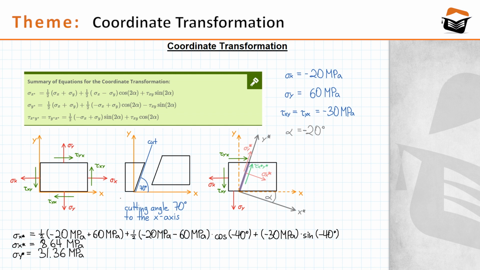And that's the stress that acts in this direction, parallel to the cutting area. And finally, we need to determine tau x star y star. If you plug the values into this formula, you're gonna get minus 48.69 megapascal.